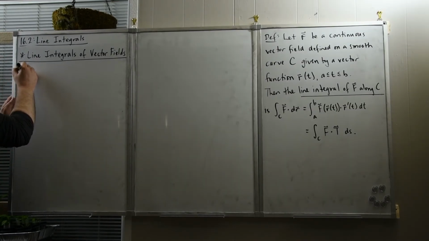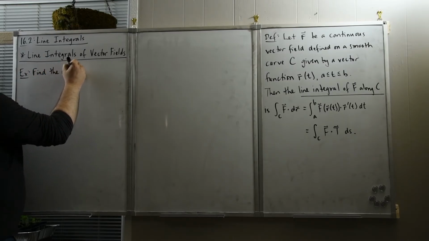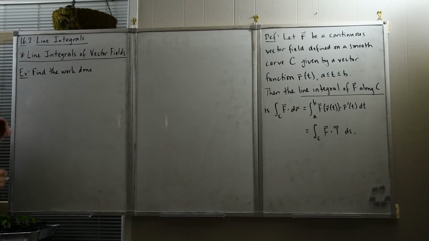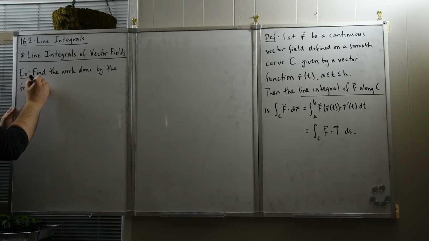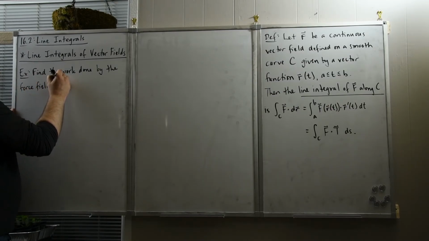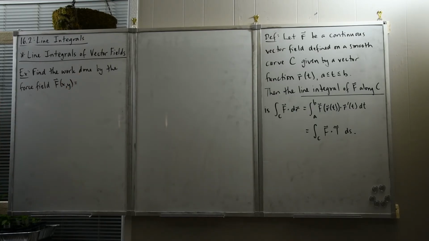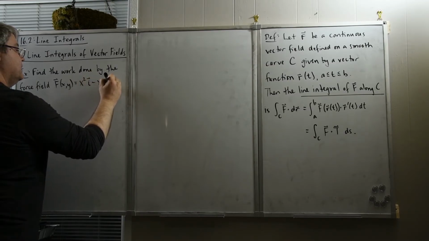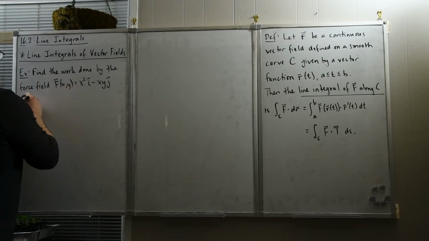So we're going to find the work done by the force field F of xy equals x squared i minus xy j. You're moving a particle along a quarter circle.